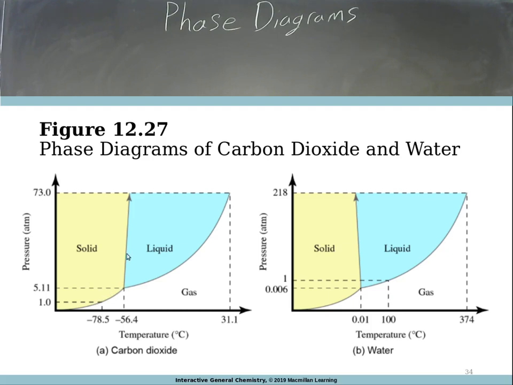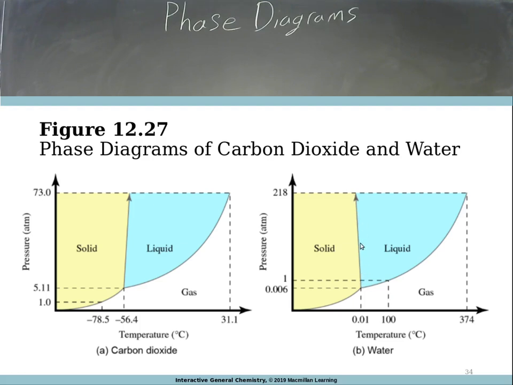But you'll notice its solid-liquid boundary line is slightly positively sloped. So if I start with a liquid and I increase the pressure, then eventually I'll cross over into the solid boundary. And that's how most substances are. It amounts to the solid being more dense than the liquid. If we come over here to water, however, that solid-liquid boundary line is negatively sloped.